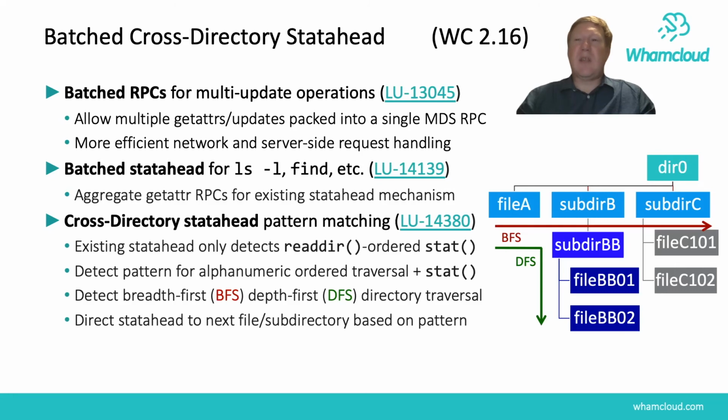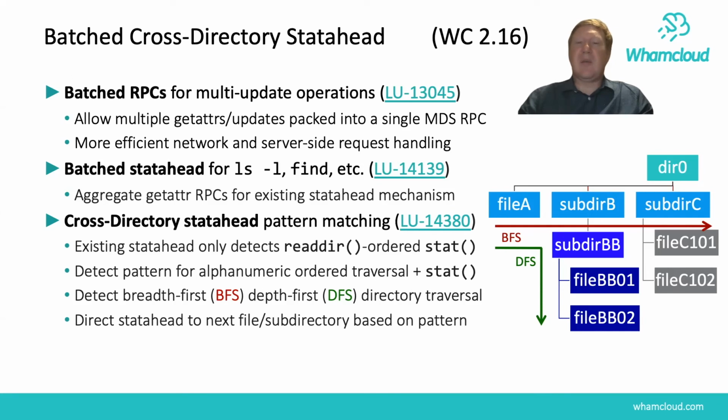What's interesting at this point is the enhancement of the stat ahead mechanism to allow cross-directory operations by having more sophisticated pattern matching. In the stat ahead today, we only detect readdir plus stat workloads that are following the readdir order.